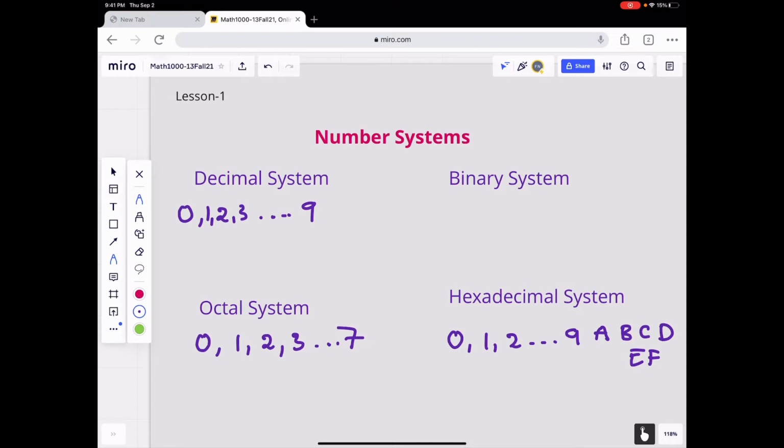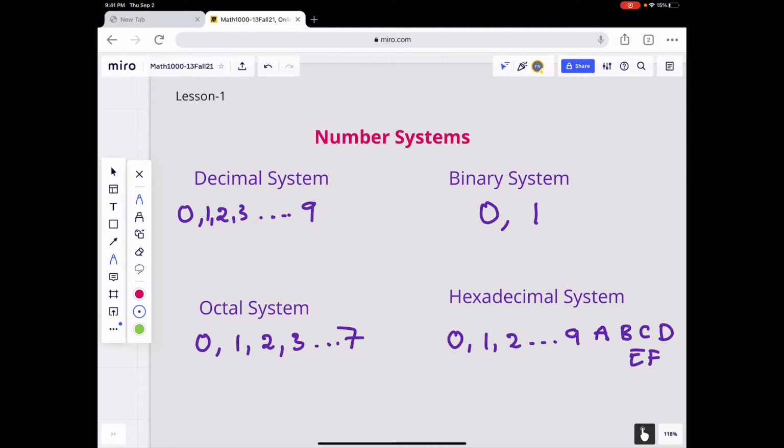Now, in this course we deal mostly with the binary system. So binary system has 2 digits, 0 and 1. 0 represents off and 1 represents on, close and open, and so on and so forth.